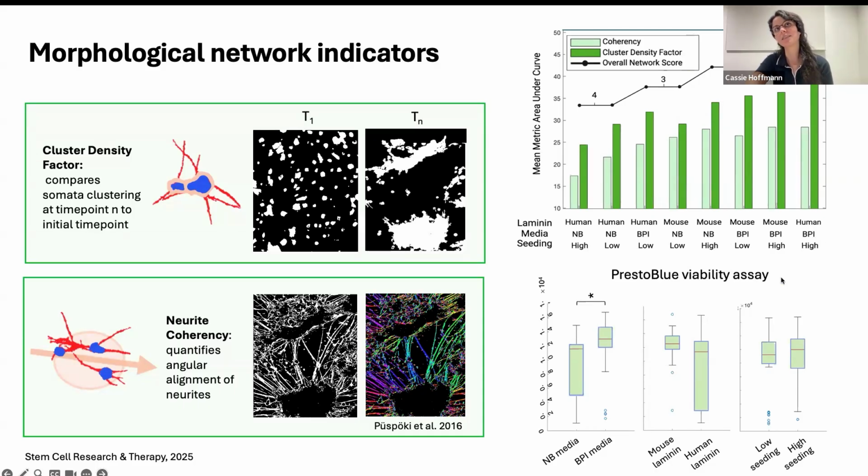In a separate viability assay that I conducted towards the end of the culture, BrainPhys imaging media came out significantly higher than Neurobasal, and it was the only significant factor out of laminin and seeding density. So there's a really high alignment between the viability assay and these network indicators. That reaffirms that it's telling us something meaningful about the health of the culture.